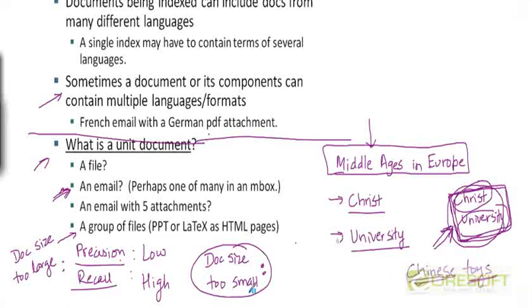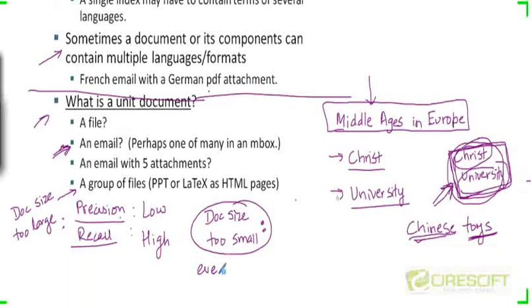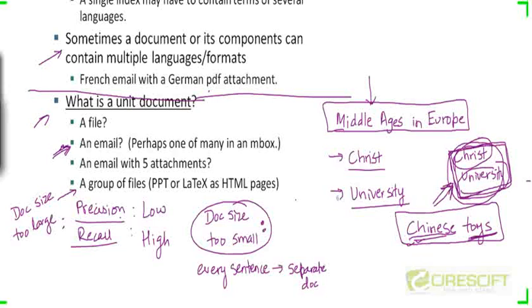If the document size is too small, that is, for example, if every sentence is converted into a separate document, then when you search for a query like Chinese toys, you're going to get a list of documents in the result which will be such that the word Chinese and toys appear in the same sentence, right?